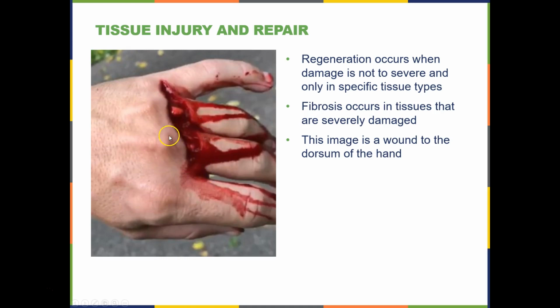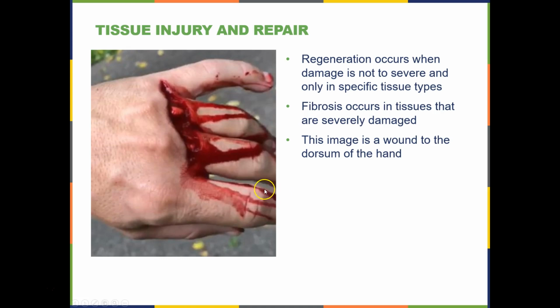And so here is a picture of one of my nephews on my husband's side who was messing with an axe. I don't know what he was cutting. I can't tell you this whole story. This was not me. But he was messing with an axe, and somehow he cut his hand deeply. And so you can see the bone here. The damage was very deep, and he ended up having to have surgery to fix the tissues.